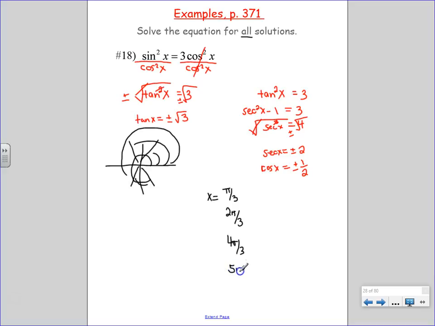And if we look at those directions, what do we need to do to each and every one of them to make them right? Plus 2 pi n. If you were in degrees, it would be, what, 60, 120, 240, and 300? Plus 360 n.